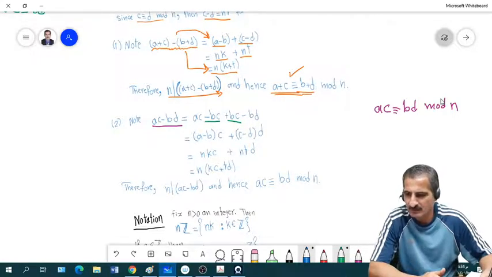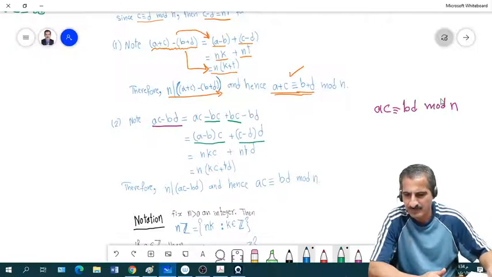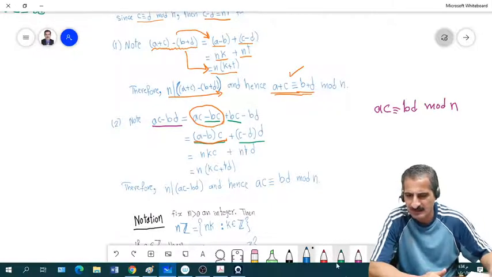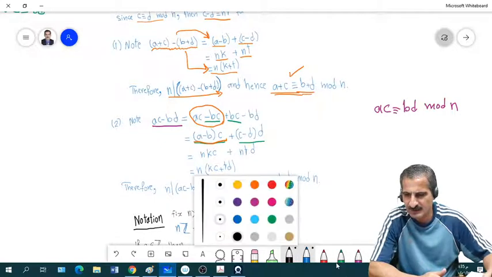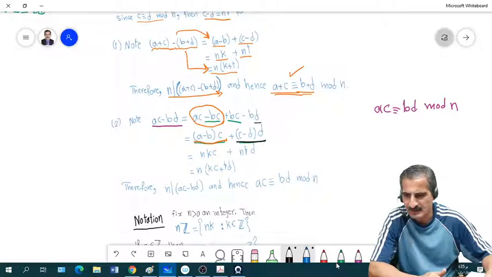Now, do simplification. Take c as a common factor, then we get this, and d here as a common factor. Now arrange things.